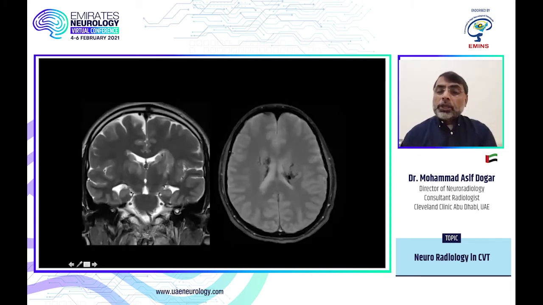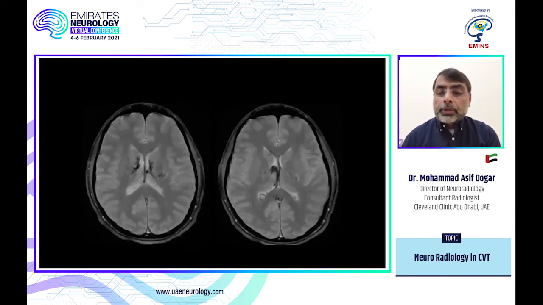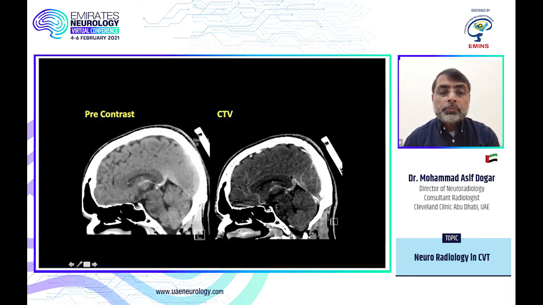The gradient echo is helpful. There's a hemorrhage. So whenever you have a hemorrhage in the deep gray matter nuclei, look for venous infarct and venous sinus thrombosis. And again, here on the gradient echo images, you can see this thalamostriate vein coming here. This is hypointense, and it is larger as compared to the other one.